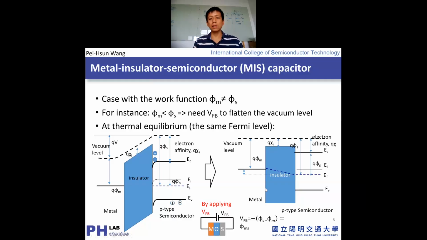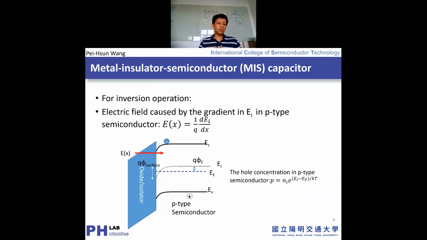But you need to notice that the initial Fermi levels may split away from each other at thermal equilibrium, similar to the Fermi level in the p-n junction.